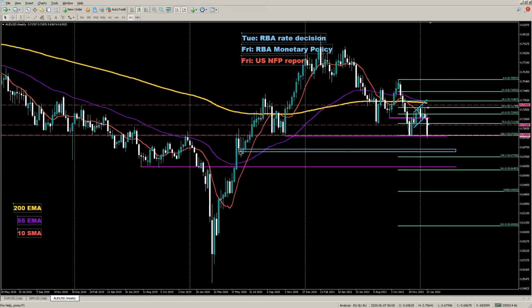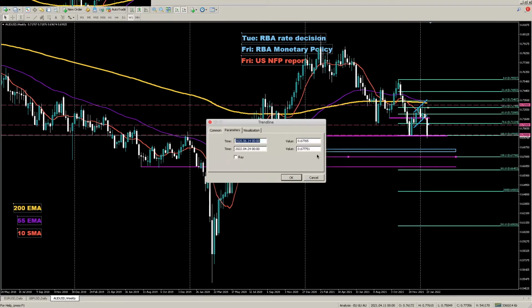That's likely at this low here, 67.76. So we can draw one additional support level here.